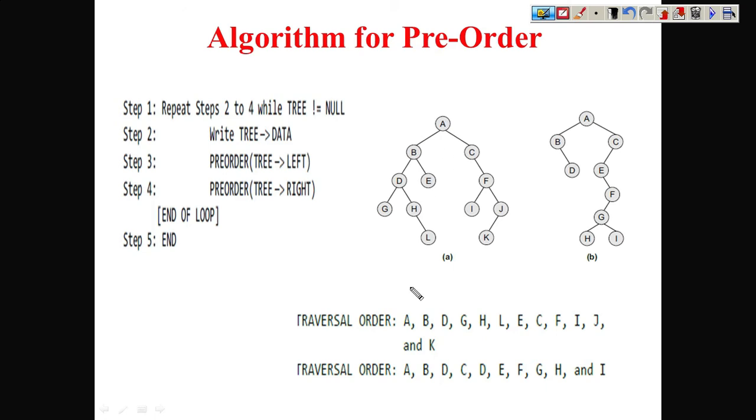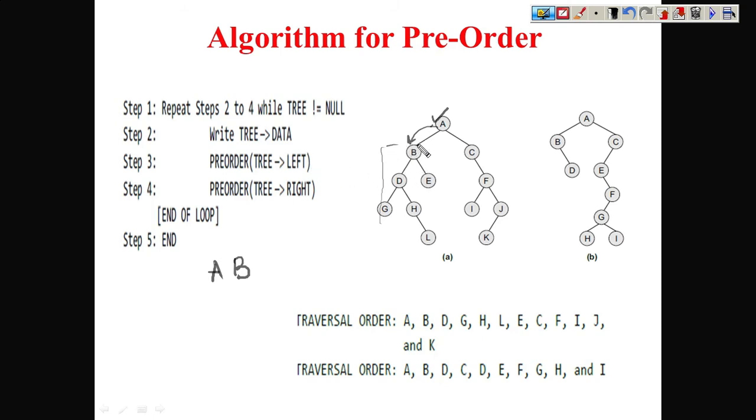Okay, so this is the answer given to us, but how do we get this answer? Let us trace it here. So the root, we will take this A, and then it will move towards the left. So you take this, and then you come here. Now this you have to take. Here you can see this is your new tree, and you take the root of this tree. So you take B, and then again you keep on moving because this is a recursive function.